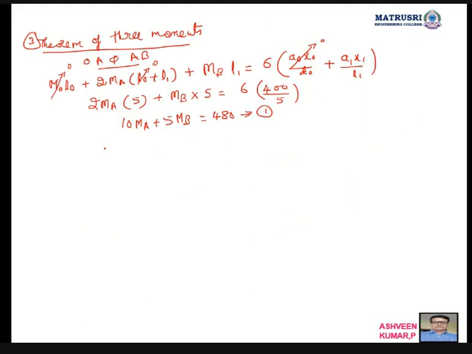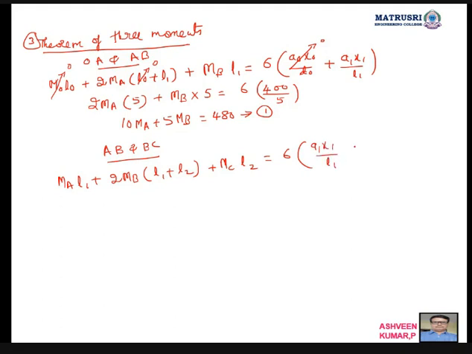Then we'll go for the other span, AB and BC. For AB, BC, I'll write here MA L1 plus 2MB (L1 plus L2) plus MC into L2 is equal to 6 into (A1 X1 by L1 plus A2 X2 by L2).